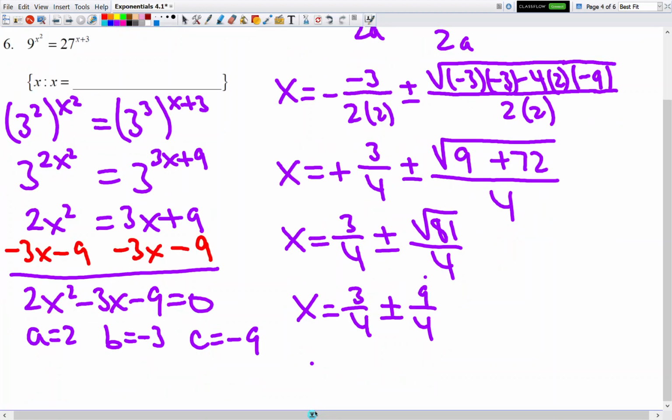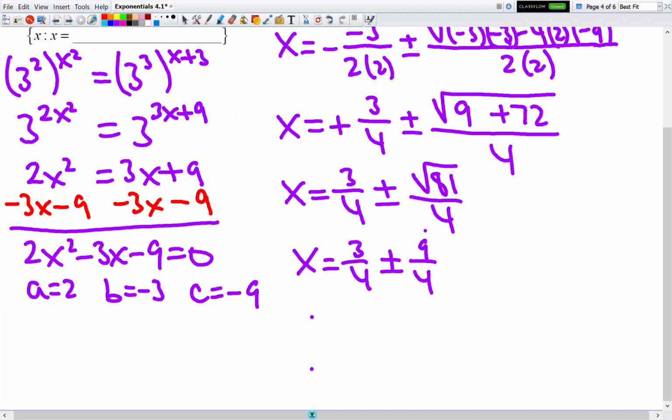So what do we have when we add these up? You have to remember that we have two different 9/4s, a positive 9/4 and a negative 9/4, so be careful with that. We're going to go x equals 3/4 plus 9/4, and on the side here, x equals 3/4 minus 9/4.